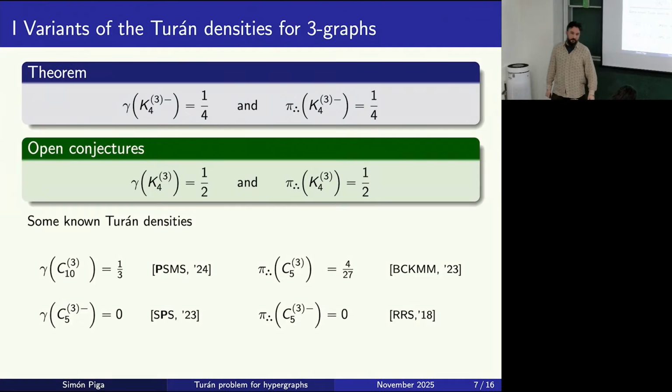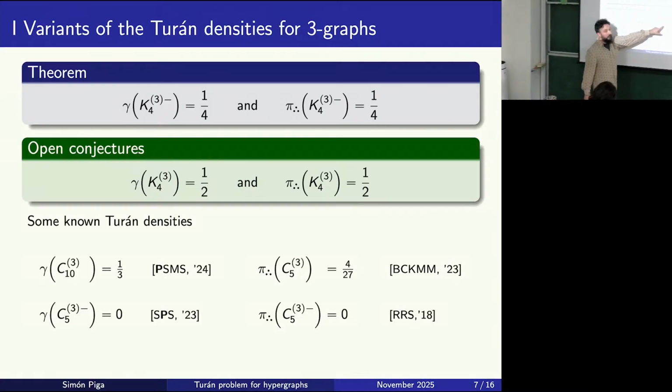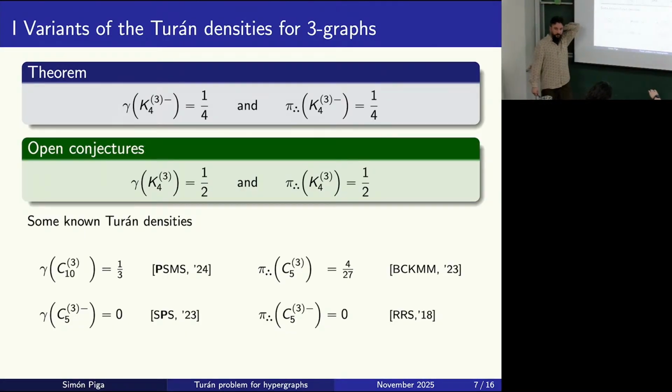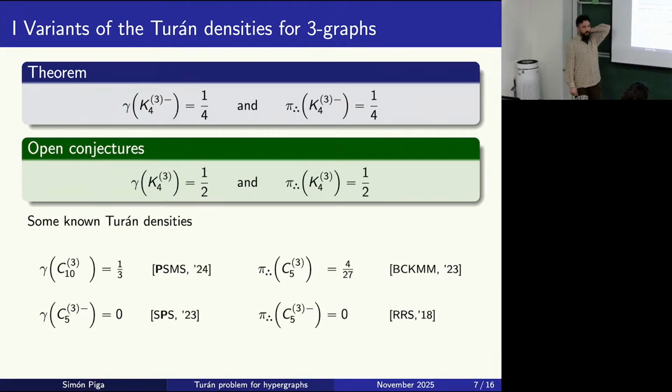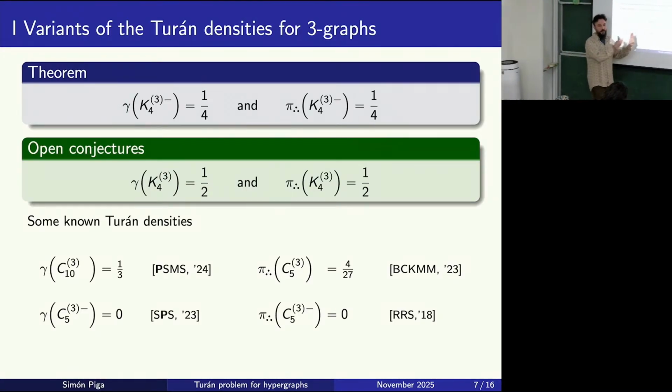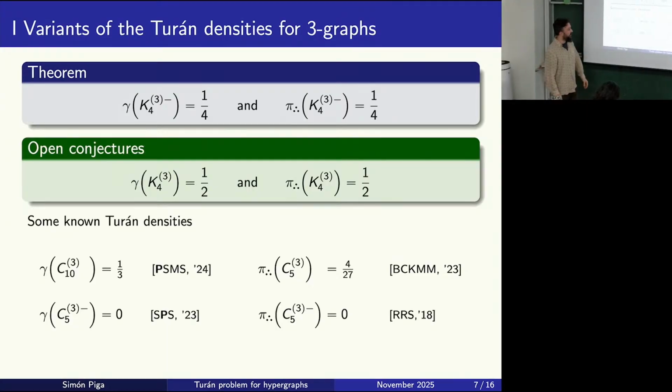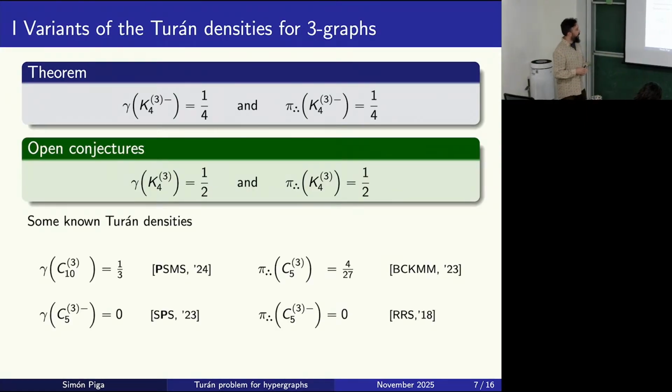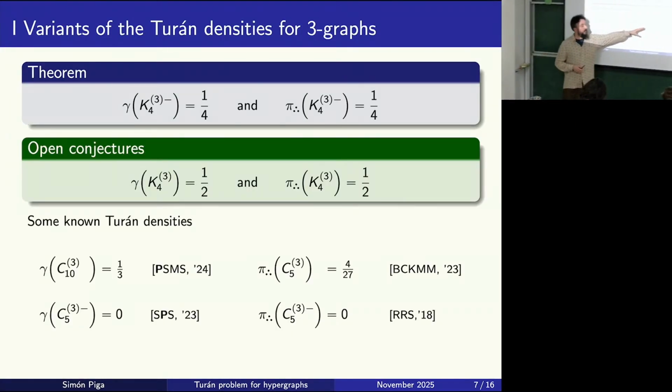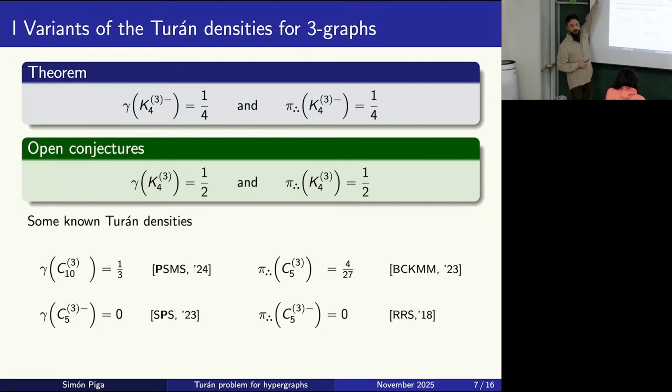That's not correct: comparing gamma and pi 3 dots, in that case we have examples in both directions, so there is no general relation. But these Turán densities are always smaller than the original one. Yeah, that's clear.